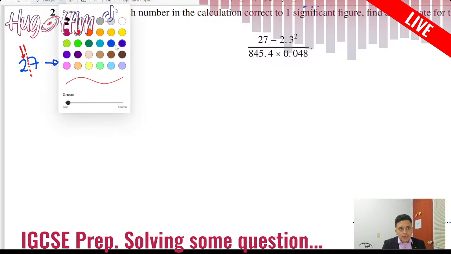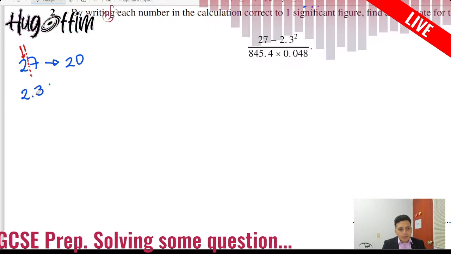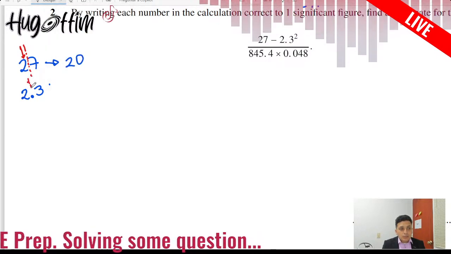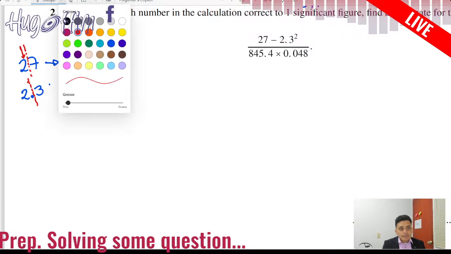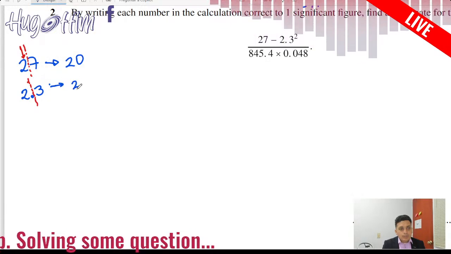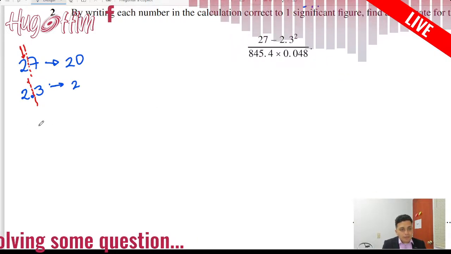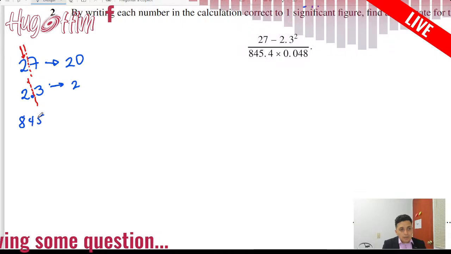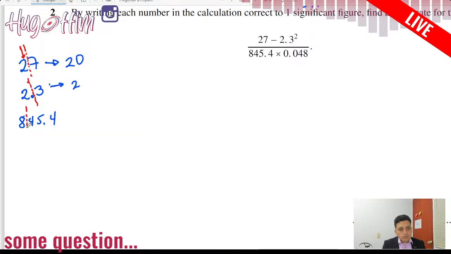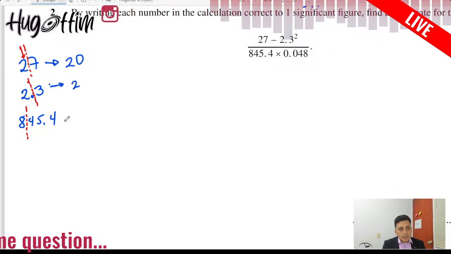So my corrected number is going to be 20. 2.3: if I want to correct it to 1 significant figure, it's going to be here in the ones place, so we're going to get 2. 845.4 corrected to 1 significant figure: the next digit is a 4, so it's going to be 800.